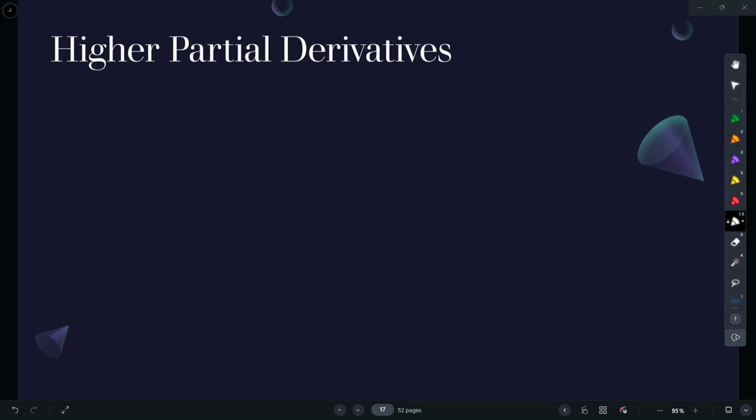Higher partial derivatives. When we did calculus 1, we saw that the first derivative tells me something about the tangent line, but the second derivative told me something about the concavity of the graph, and the third and fourth derivatives are just finer and finer information about what the graph looks like exactly at that point.